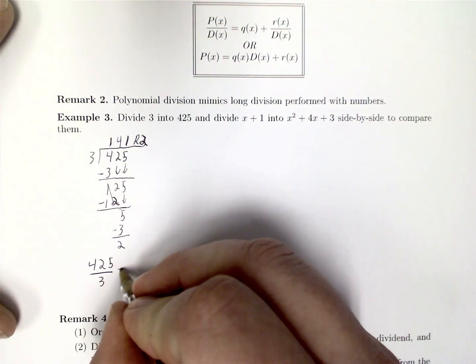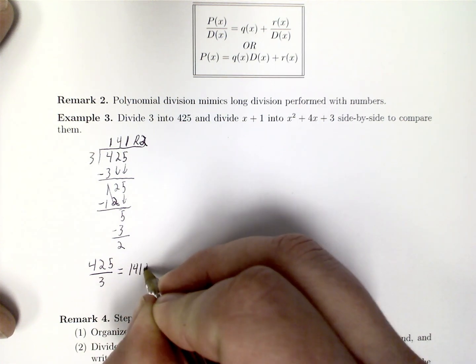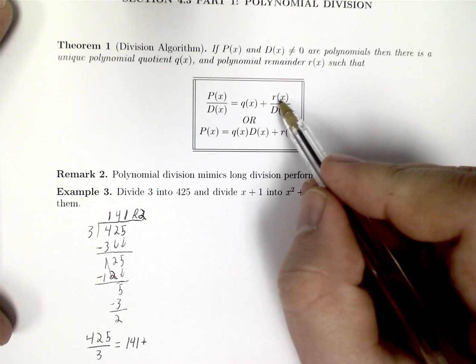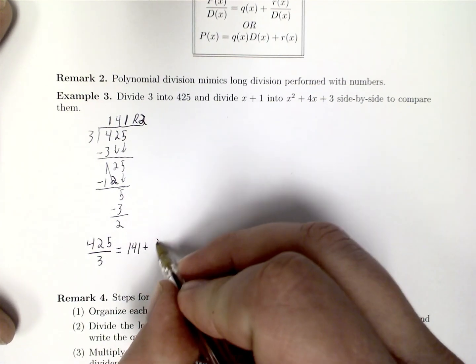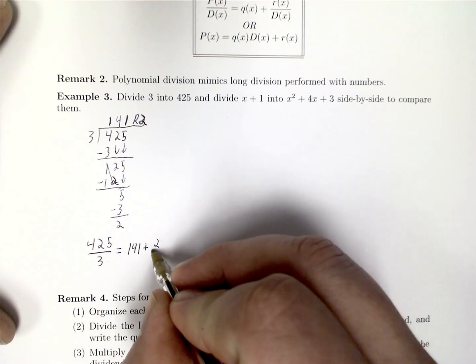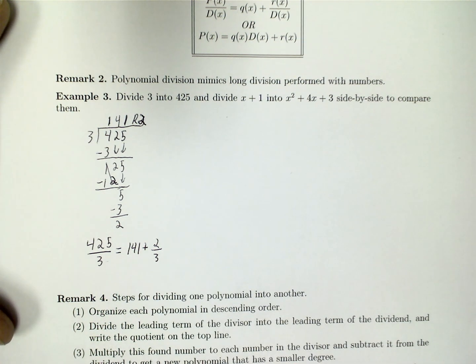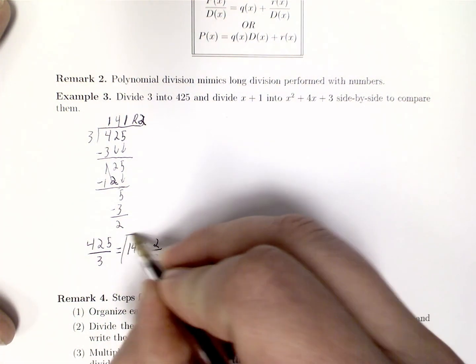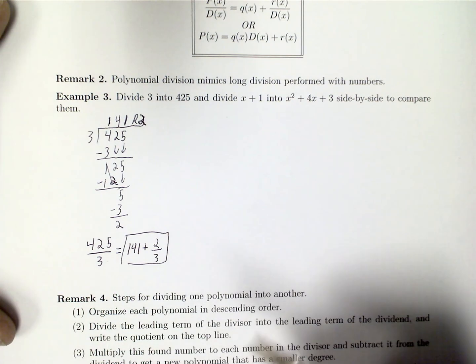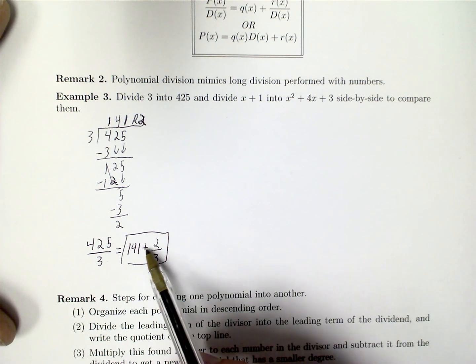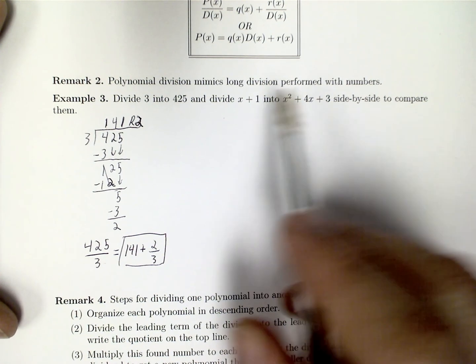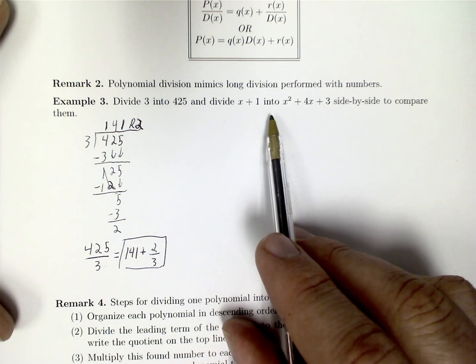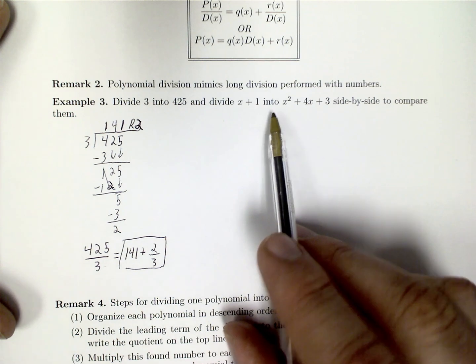So 425 divided by 3 equals 141 plus the remainder, which in this case is 2, divided by the divisor, which is 3. All right, and this is our answer. What is 425 divided by 3? It's 141 plus 2/3.